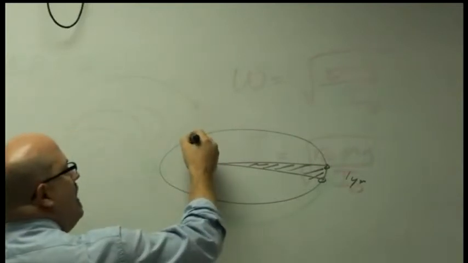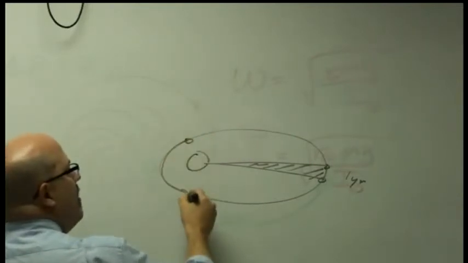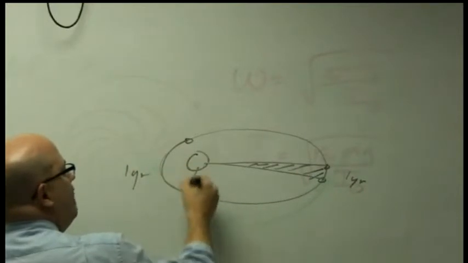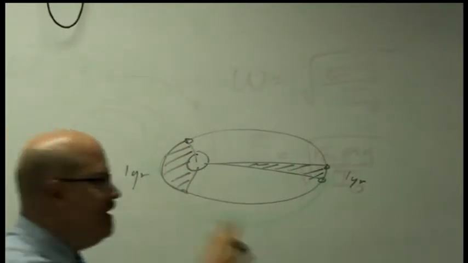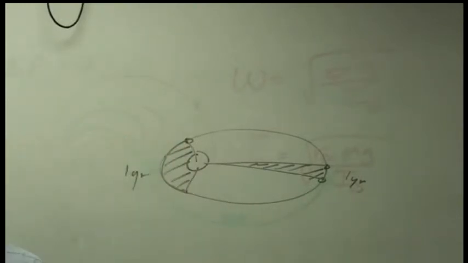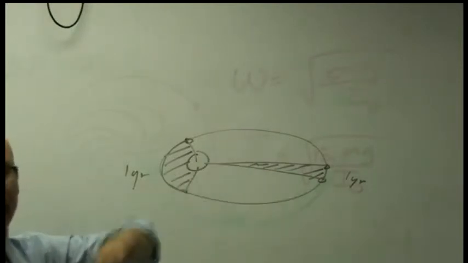But when the planet was over here, it went to here in 1 year, and this area here would be the exact same as that area, which meant that it travels faster here and slower here.